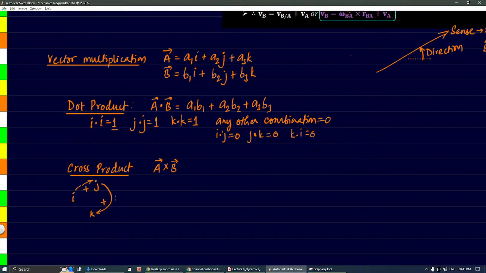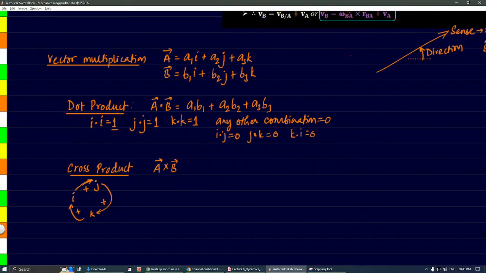I cross J is positive K. J cross K is positive I. K cross I is positive J. If we are moving in clockwise direction, the result is positive.